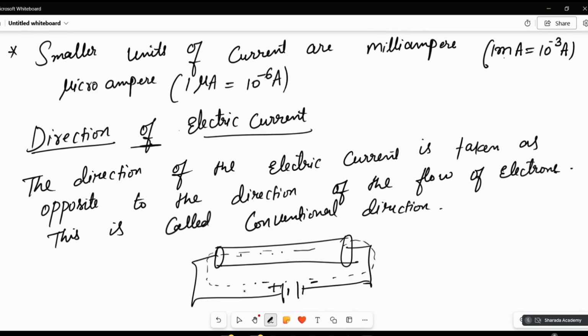So always, a simple way: if you get confused, just remember that from the negative terminal you should write the current. It starts and flows like this. Everyone is writing the opposite way, no problem. That's how in every place we will write it, and we call it the conventional direction.